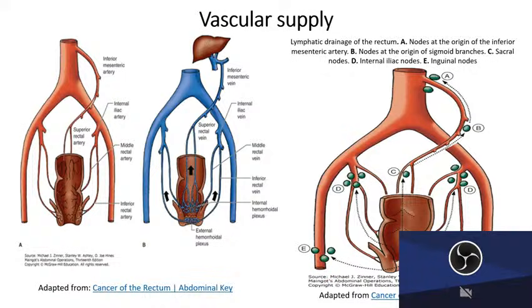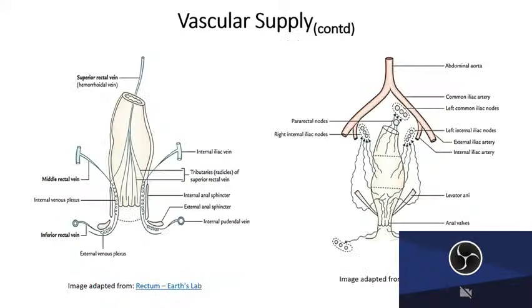I don't think we would be able to talk so much about it. This is just to show you a further view, and you could see that these will receive the pararectal nodes. This is level 1, level 2, and level 3, okay.